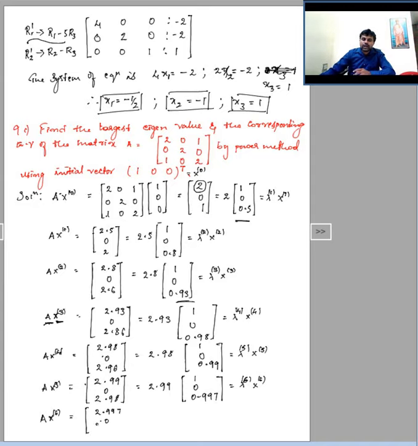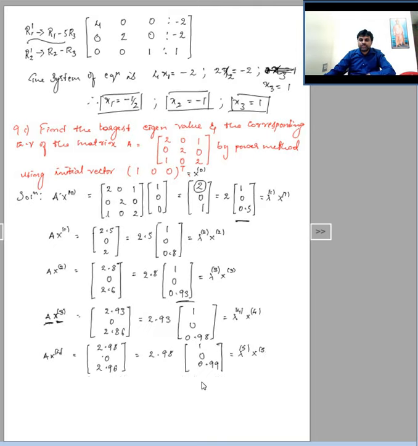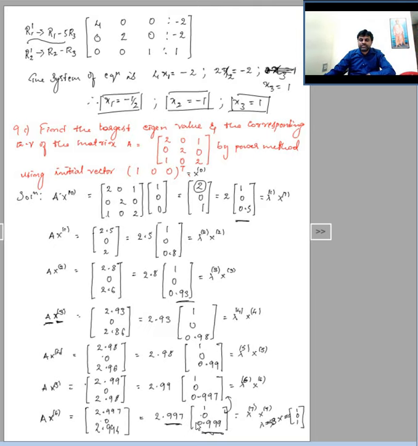I have done 5 or 6 iterations. I have done 6 iterations. I find that these two values are very nearly equal approximations. See here, 10.997 and 10.999. So the difference is 0.002.